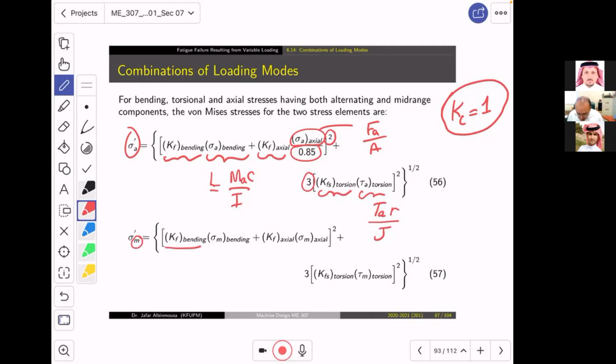So you will have only sigma mean, which is M mean C divided by I, and then K_F axial multiplied by F mean divided by area. And then for torque, we will have T mean divided by R over J. Good.